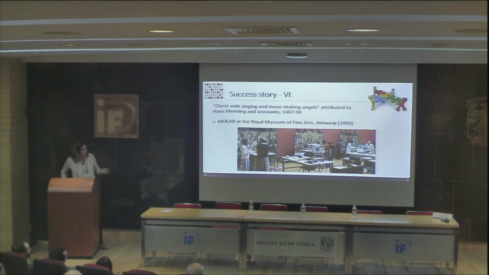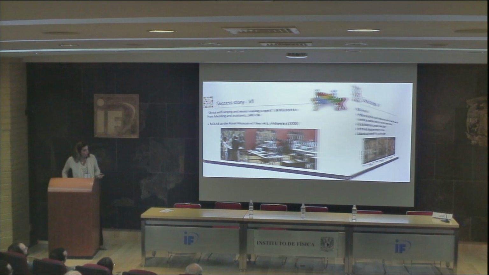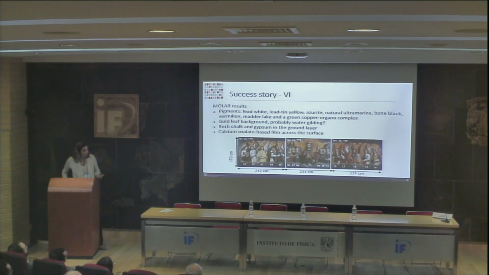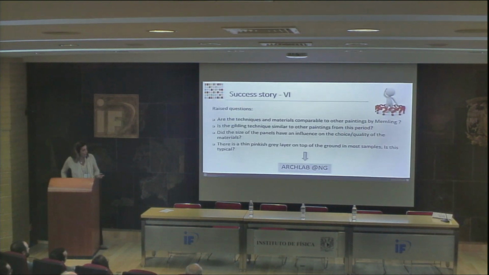The last success story is this one, no, perhaps not the last, but nearly last, because as I showed you before, the Memling paintings were accessed by means of MOLAB access, and the same user asked for also having archaeological access in order to study the pigments used in the painting.